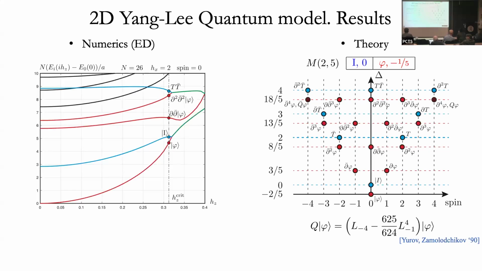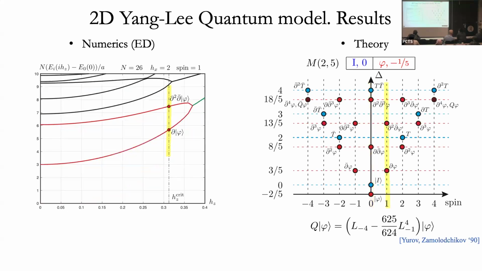Okay, so let's see what n equals 26 gives us. We can look separately at different spin sectors, and if we look at spin 0, taking this thermodynamic critical value of the magnetic field and looking for states at this value, we can extract anomalous dimensions, which we need to properly normalize. I just want to highlight that it works perfectly well in 2D. If we go to the next spin, again we can identify these states.